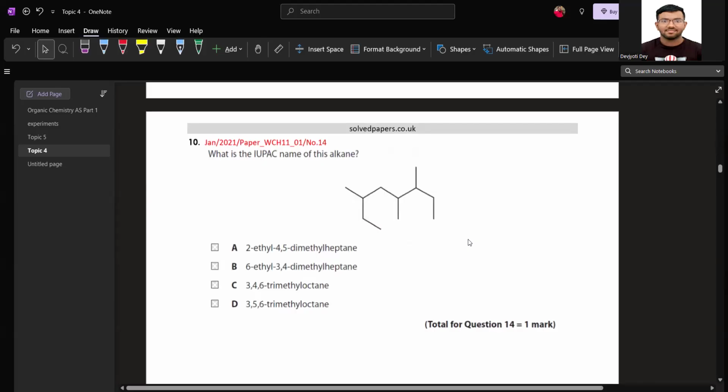Now, what is the IUPAC name of this alkane? All right. For this, you need to understand in a deeper way. At first you need to check the longest hydrocarbon chain here. 2, 3, 4, 5, 6, 7, 8.